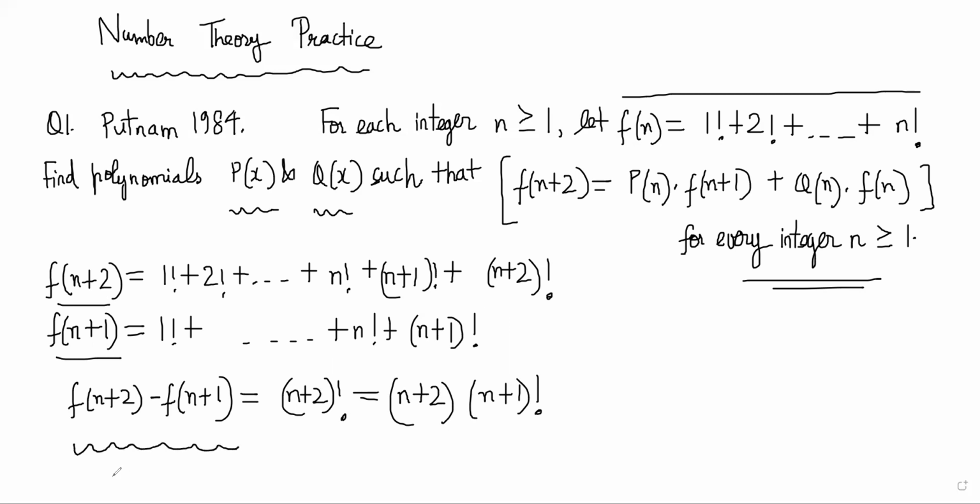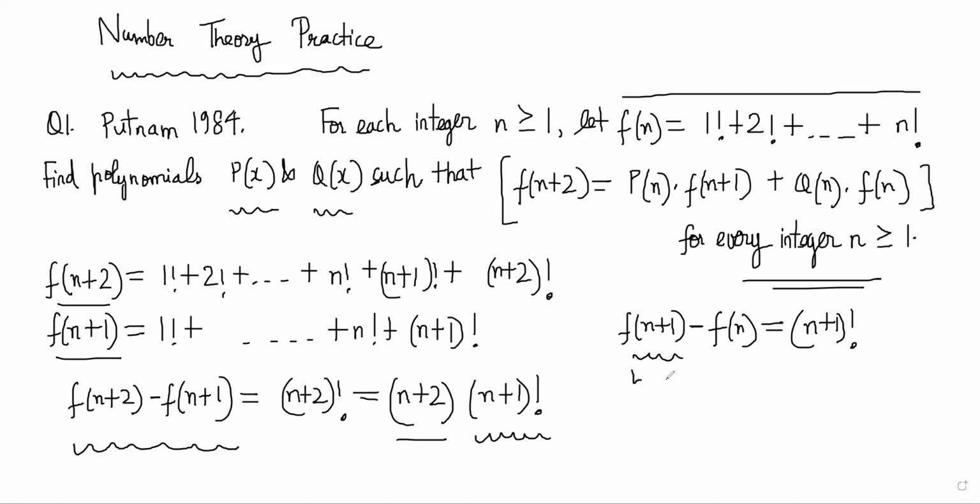So we have this condition right now, f of n plus 2 minus f of n plus 1 is equal to n plus 2 times n plus 1 factorial. Now, if you think about it, f of n plus 1 minus f of n, what will that be? That is actually n plus 1 factorial, right? Because f of n plus 1 has one extra term, which is n plus 1 factorial.